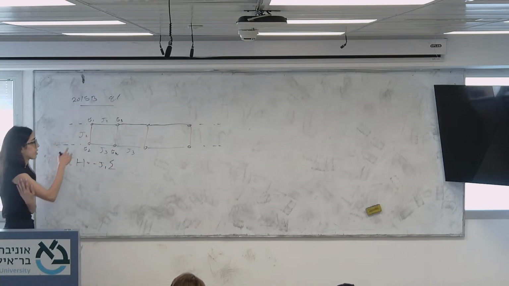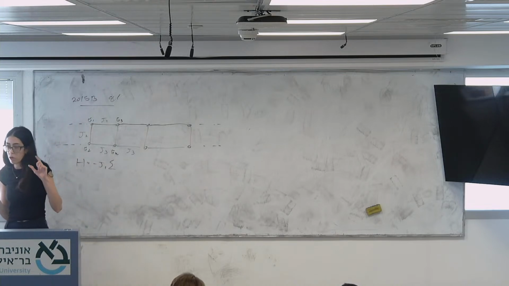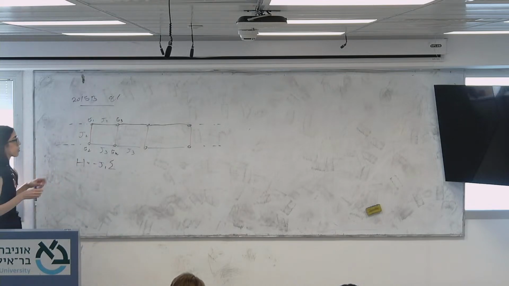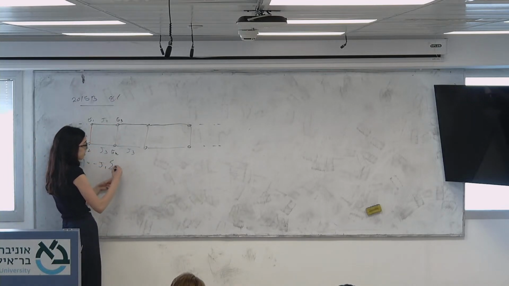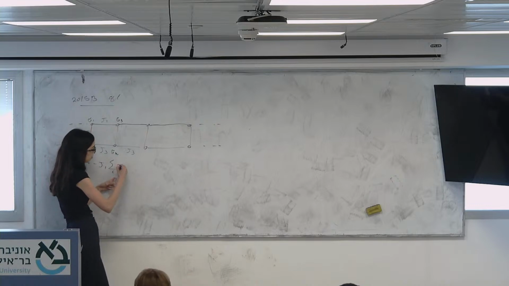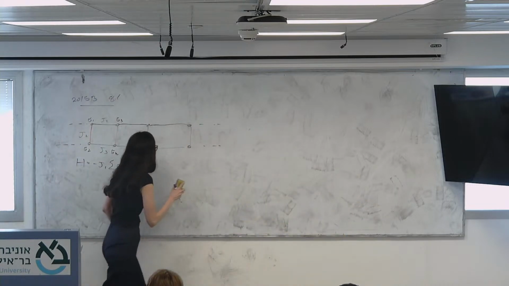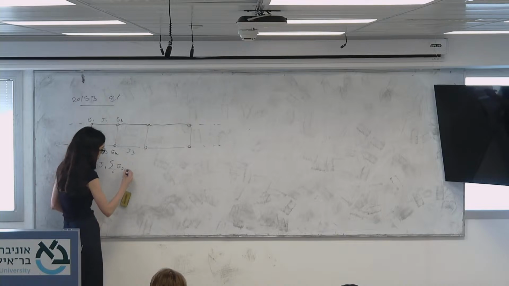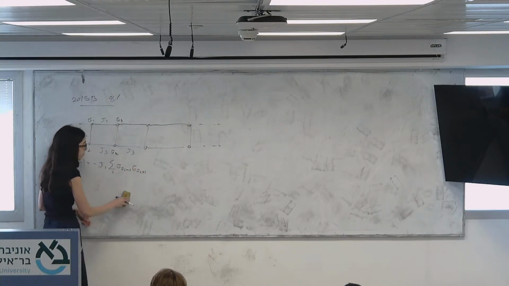We see that J1 is going to connect all of the terms that have odd index: sigma 1, sigma 3, sigma 5. So if we sum over all possible i's, this is going to have sigma 2i minus 1 and sigma 2i plus 1.